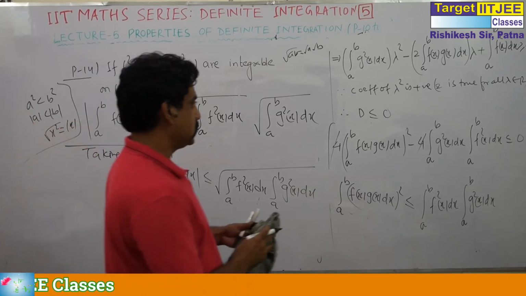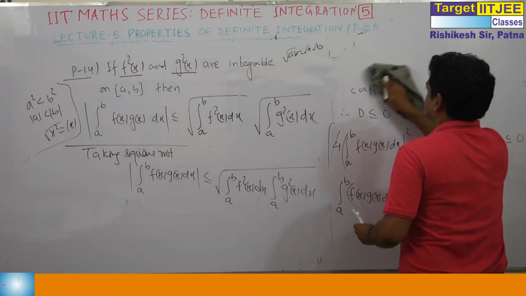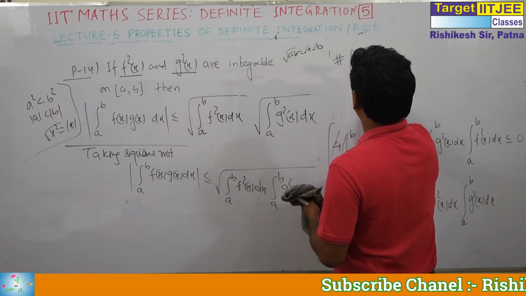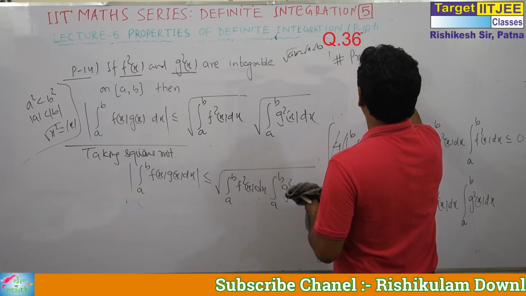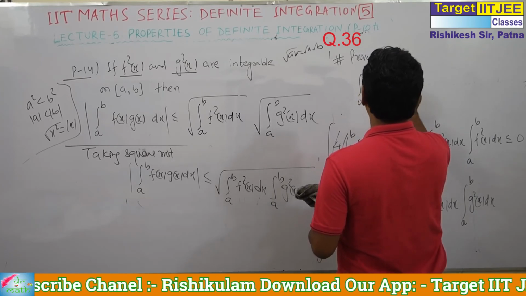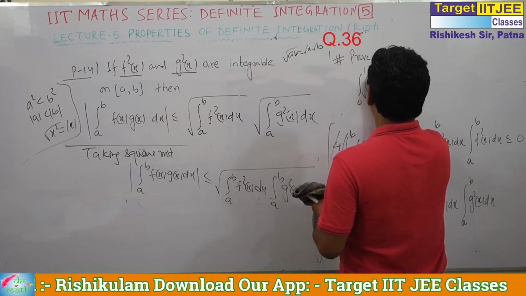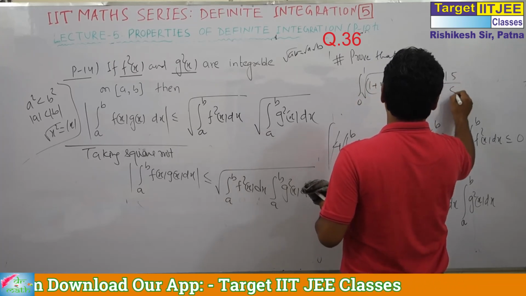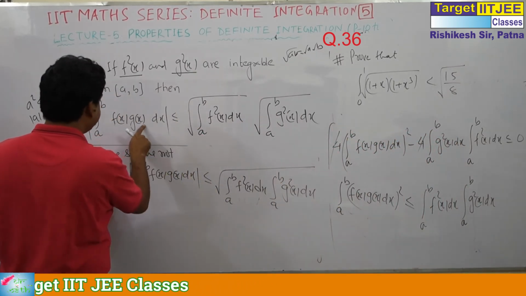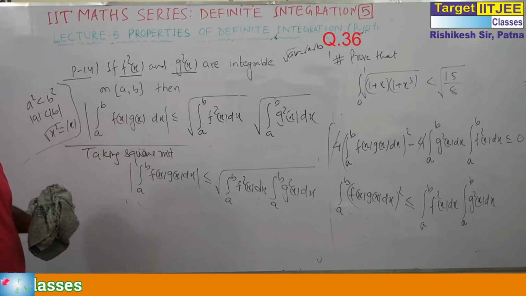Now come to the question. I think this would probably be question number 35. Prove that the integral from 0 to 1 of root over 1 plus x cube is less than. Actually, less than prevails. I have told you, when both are identical functions, equality holds, otherwise less than prevails.